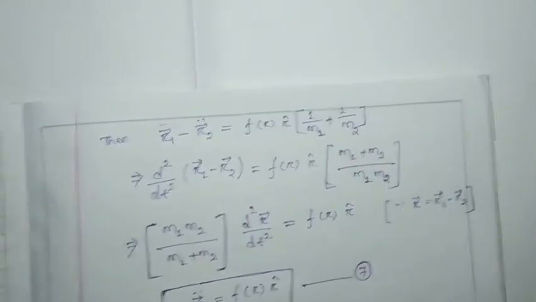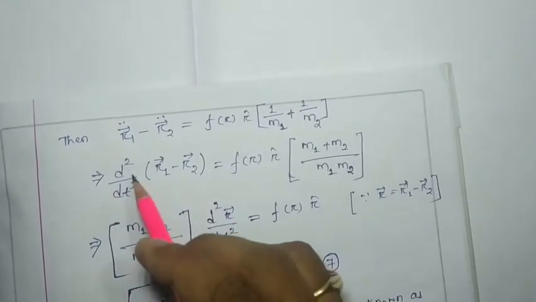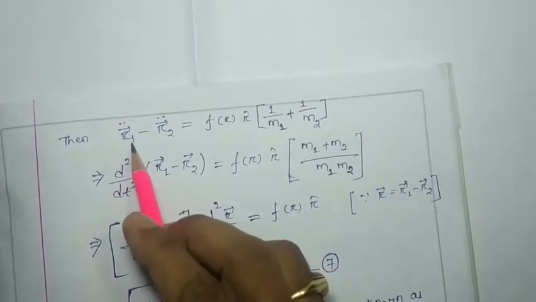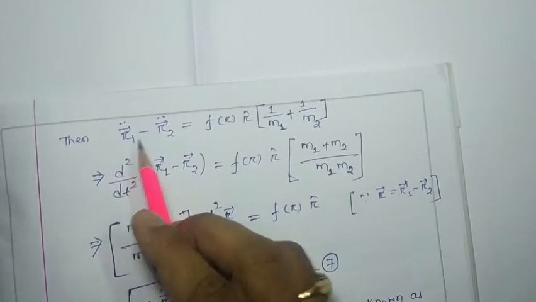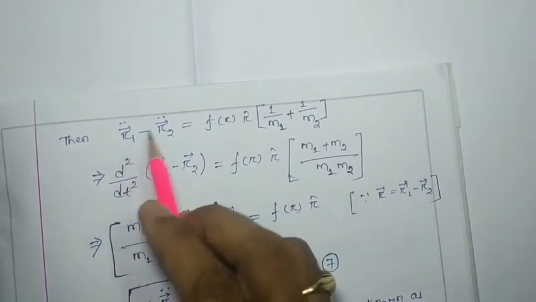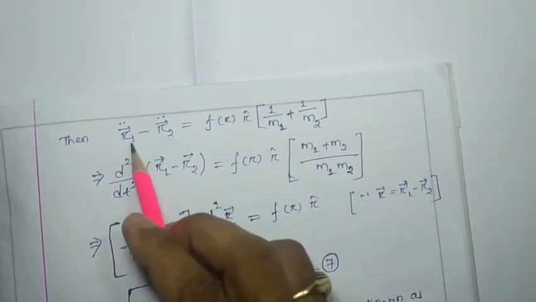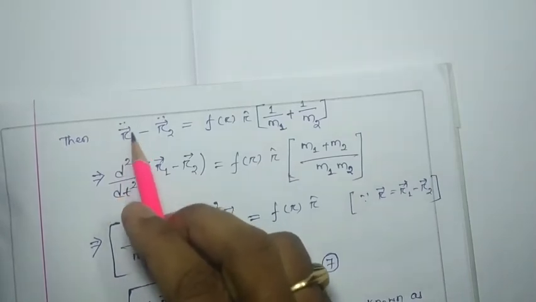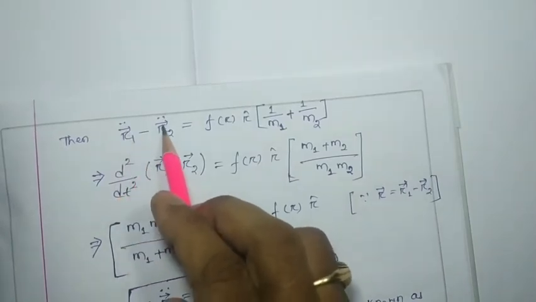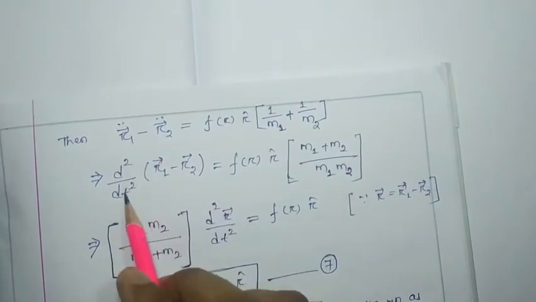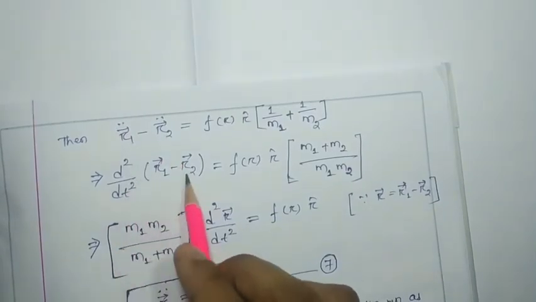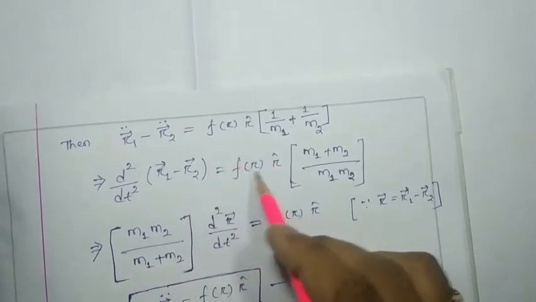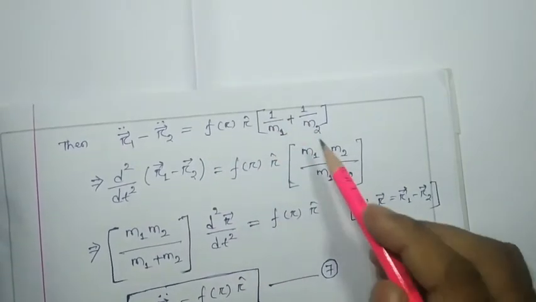Here you can see r1 double dot means d square r1 by dt square, and this is d square r2 by dt square. So d square by dt square can be taken outside, r1 minus r2 equal to this, and just add these two.